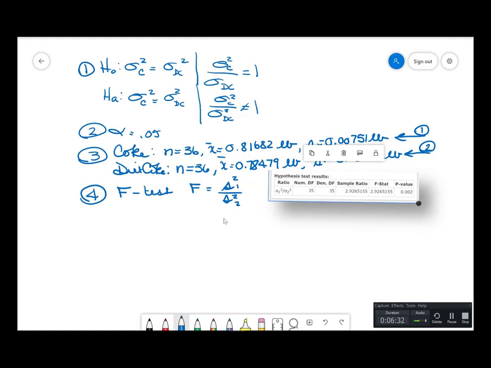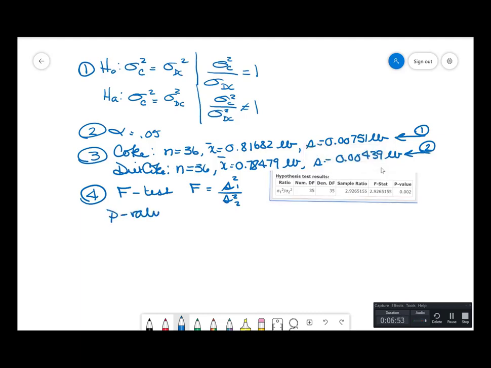So there is my F statistic, 2.9266551, and my p-value. Now this is where we need to finish up. So remember that if my p-value is less than alpha, then this is statistically significant.